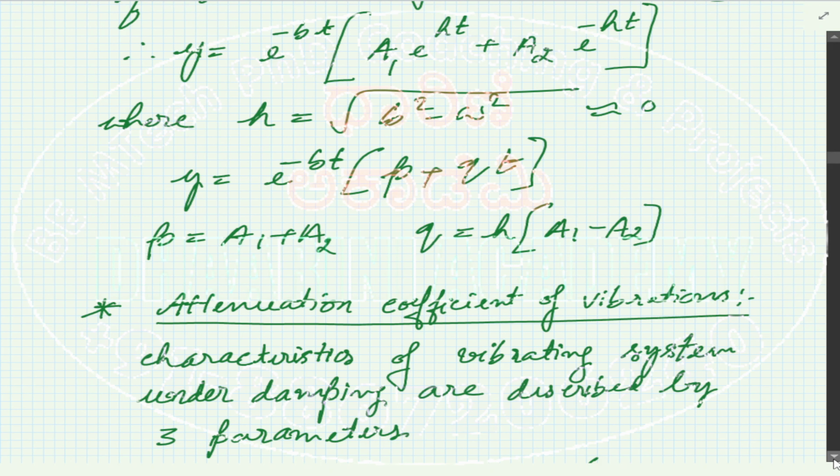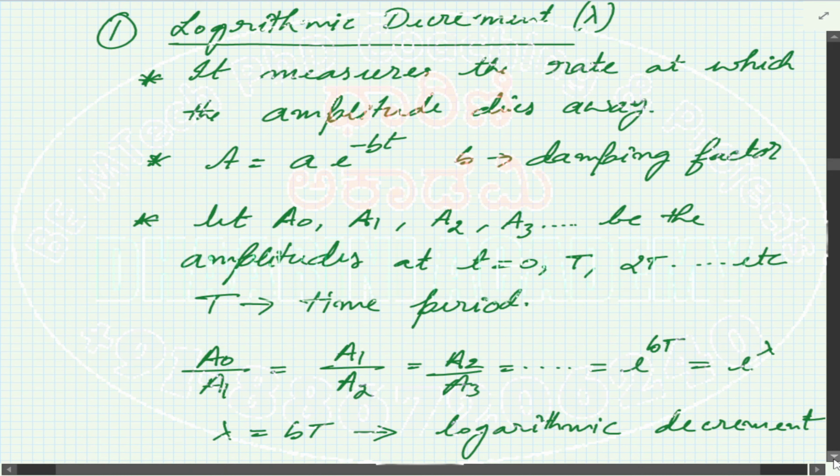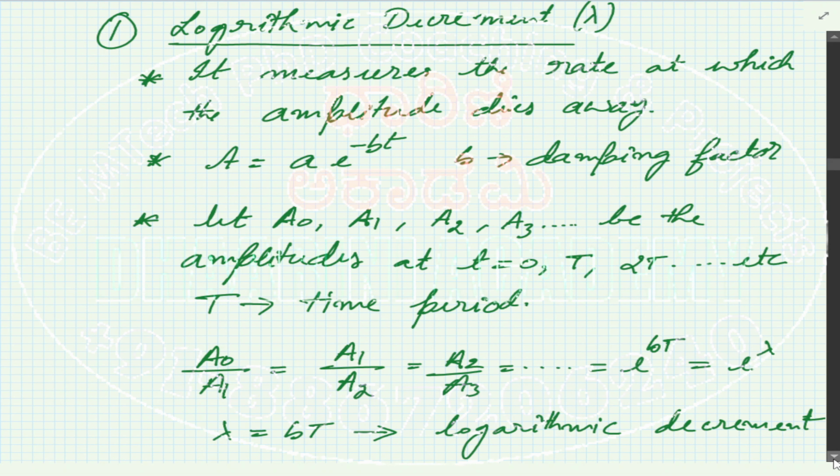So to calculate the attenuation constant, there are three basic parameters to decide it. The first one is the log decrement. If you have, say, capital A equal to A into e to the minus bt, then the b is called the damping factor.